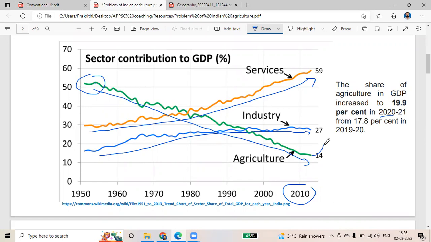So slowly, gradually it was decreasing, but now many people are depending on the agriculture sector, and it is slowly improving its contribution to our gross domestic product. This is the major problem for Indian agriculture.